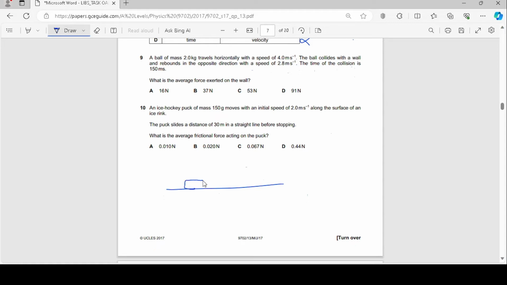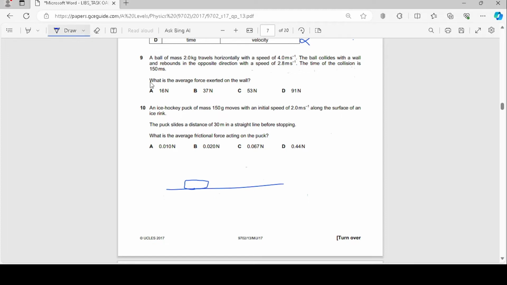So I have an ice hockey puck, and its mass is 150 grams. So the weight basically equals 150 times 10 to the power of minus 3 kilograms times the gravitational field strength, but never mind.